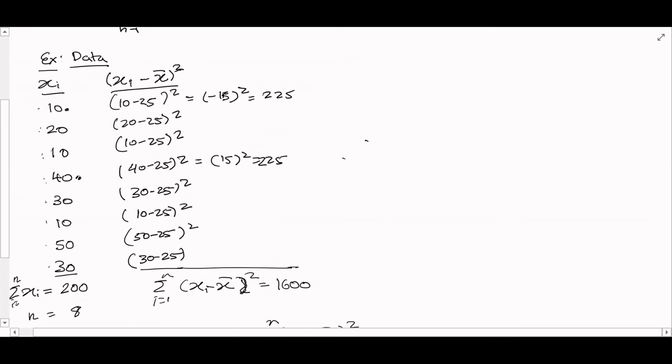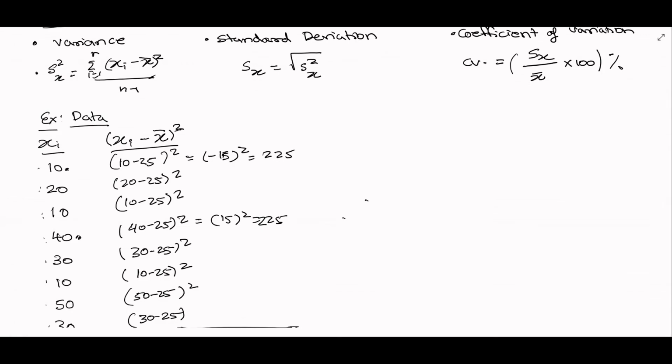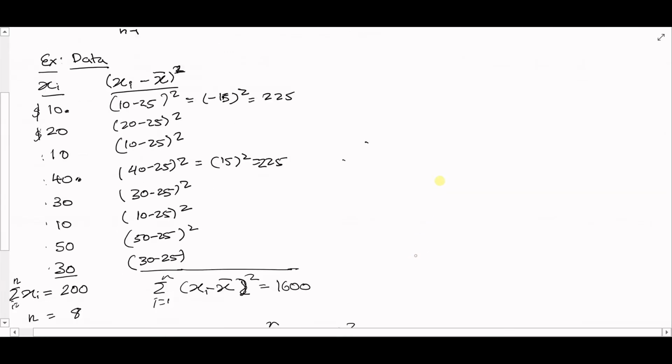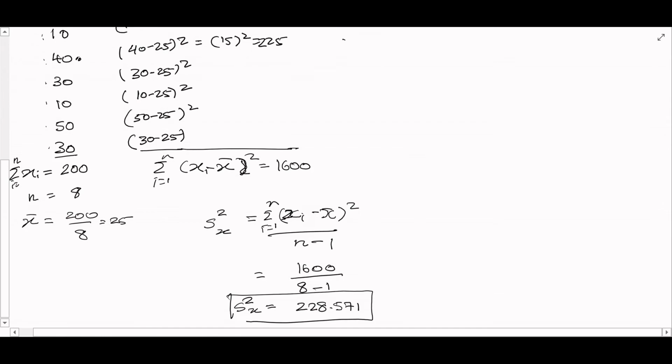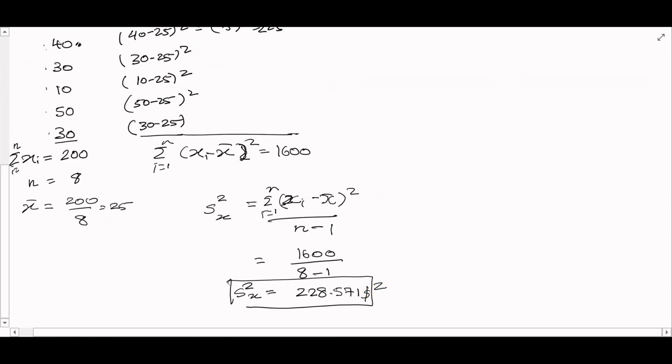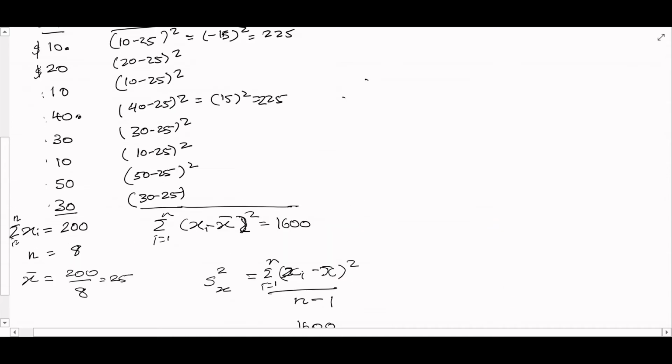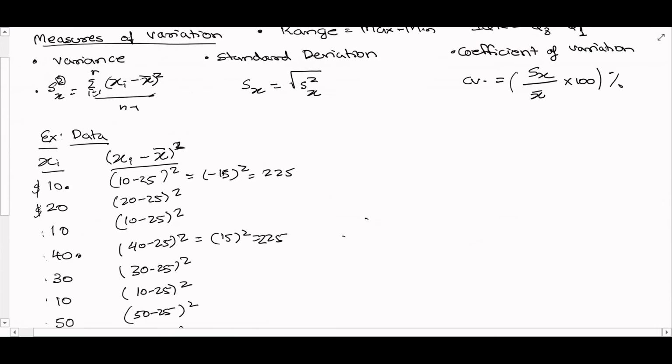Now, the problem with the variance is its interpretation. Notice that you have squared deviations. You are squaring every single deviation from the center point. And hence, if these numbers are in dollars, you would end up squaring the dollars, and the unit associated with variance would be dollars squared, which is very difficult to interpret. And hence, to come back to our original unit, we look at the standard deviation.